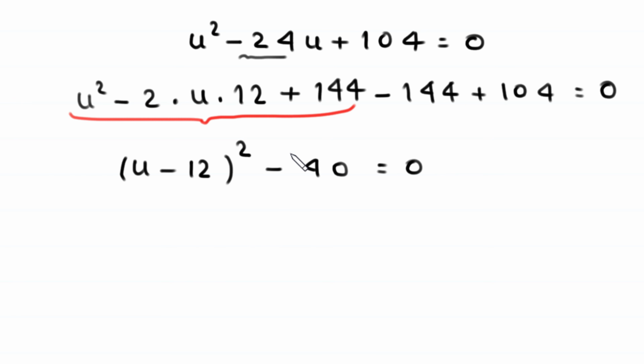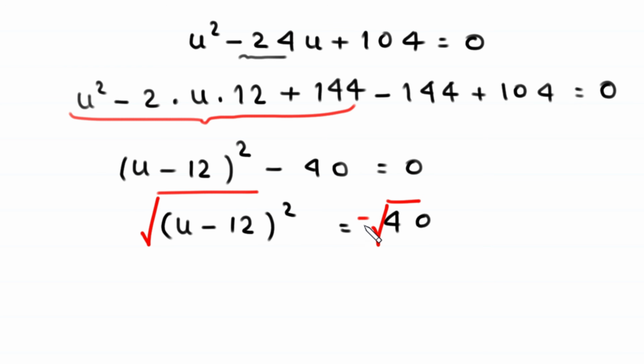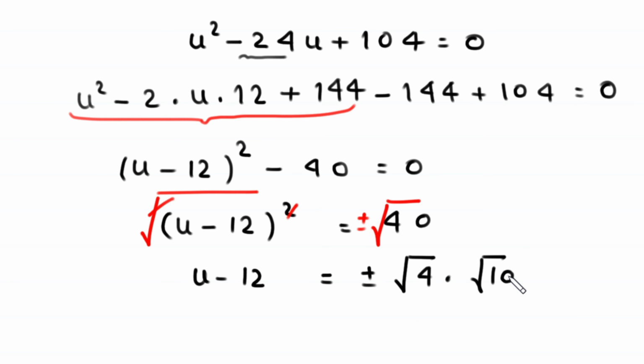Move this negative 40 to the right hand side. The equation will become u minus 12 whole squared equal to 40, and we take the square root of both sides. So this square will be cancelled with the square root at the left hand side. We are left with u minus 12 equal to plus minus root 40, which will become root 4 times root 10, and further simplifying, u will be equal to 12 plus minus 2 times root 10.